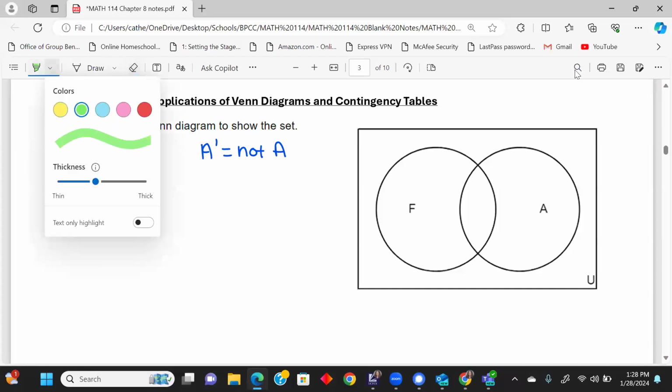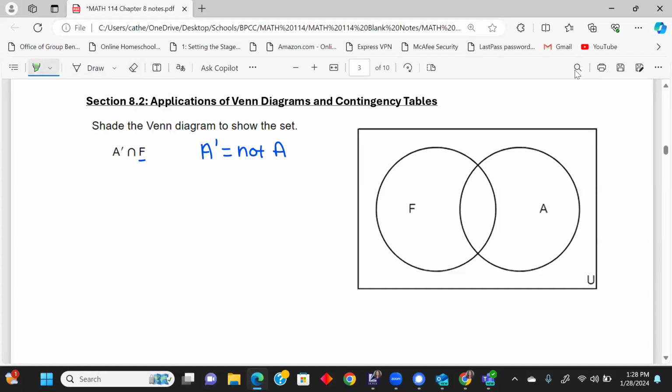Now we're going to find F. So just F, even though it's overlapping in A some, this is all of F. Okay, let's just say F is people taking Math 114. And then A are students that are taking English, say 101.